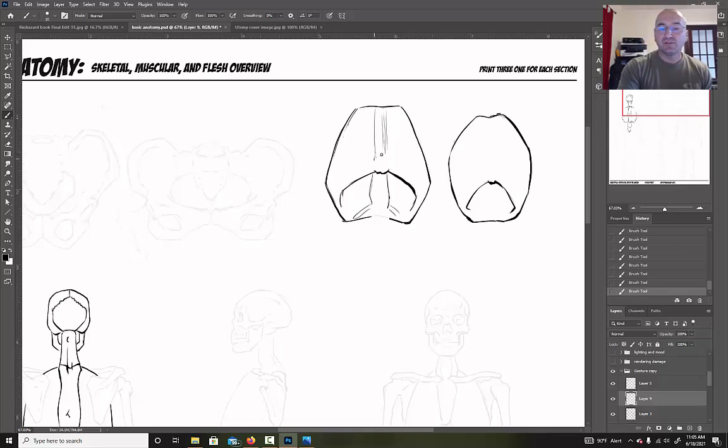So this spacing here is where the pectoral muscle is going to sit, and the pectoral muscle is kind of a fan that's going to connect, and it kind of crisscrosses into the deltoid.